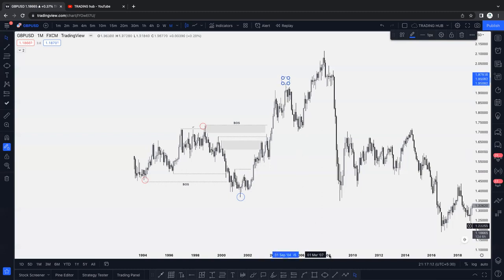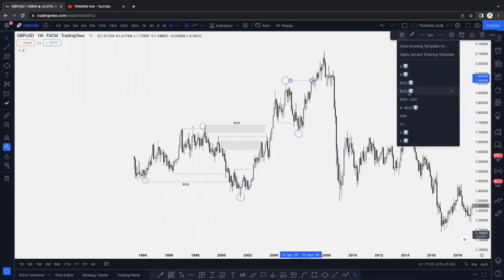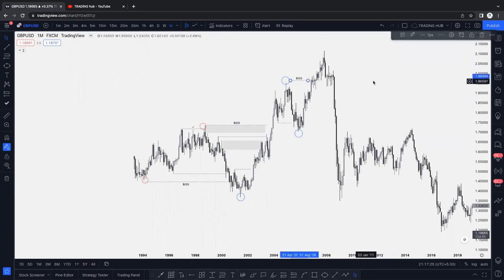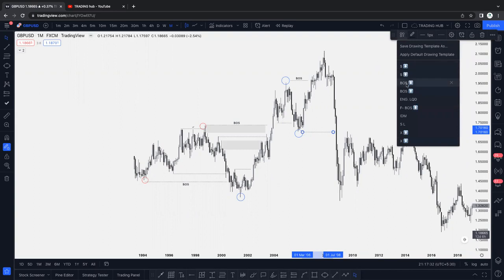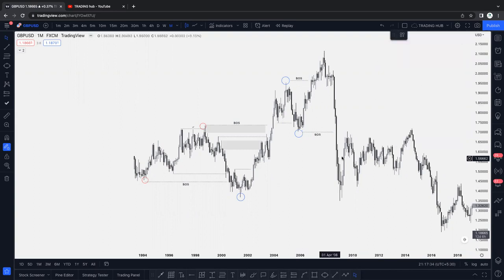And this is a new low, sorry, new high. Market took out this low and built a new lower low here. And again, market breaks the structure here. And finally, market again breaks the structure here. And now market turns from bullish to bearish.